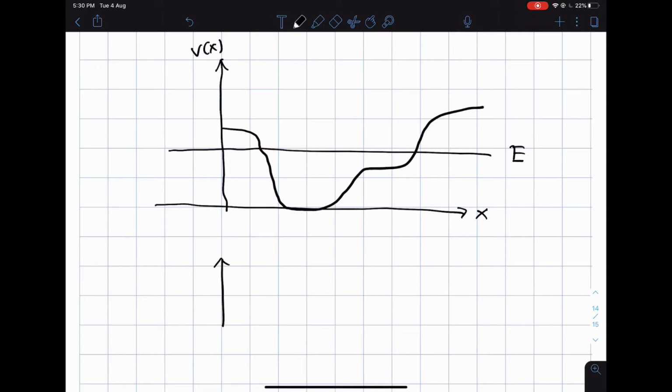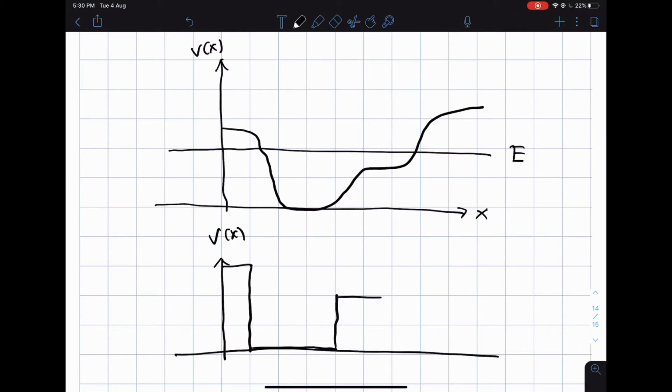We can say this potential is crudely represented by a steep potential here, and then a step here, and then another step here, and another step here. And we are looking for some solution where the energy eigenvalue is roughly something like this.